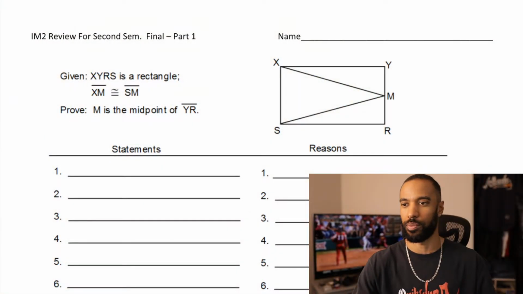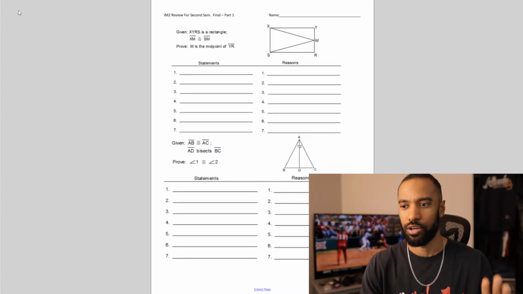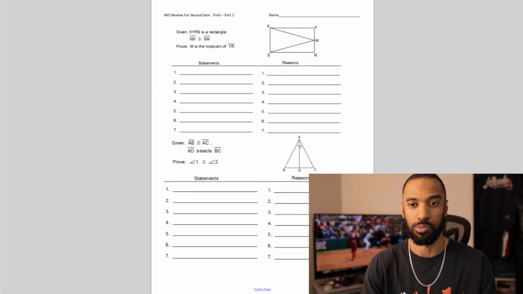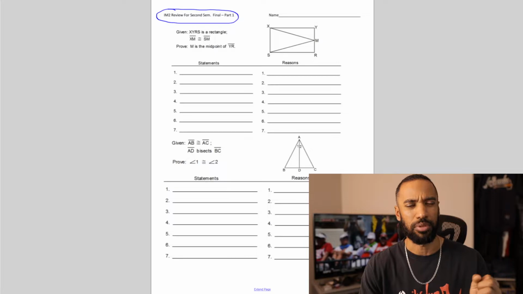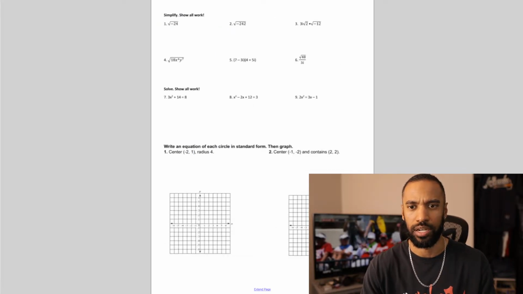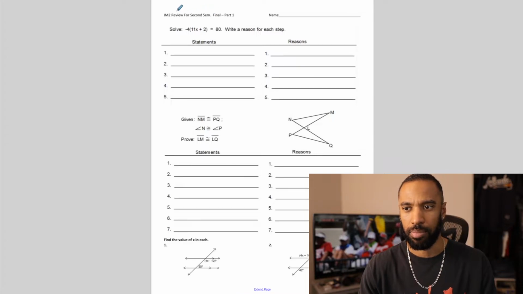Now, like I said, this is a lot of stuff here. I'm going to zoom out right now and show you the zoomed-out version. Here's the first page, and it is just proofs. By the way, there will be 6 different reviews. You might see this say review for second semester final part 1. Every set, I believe, consists of 3 pages. So here's pages 1, 2, and 3 of part 1, and then page 4 is, oh, I guess this should say part 2.